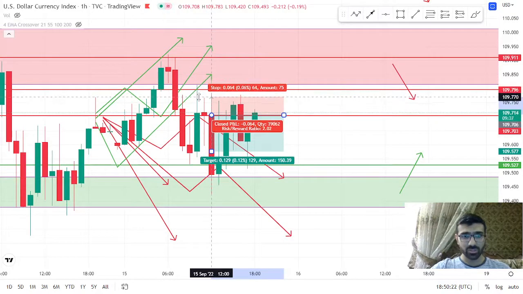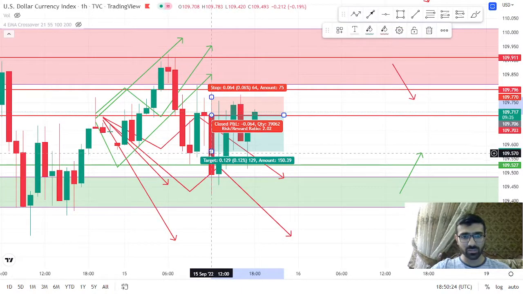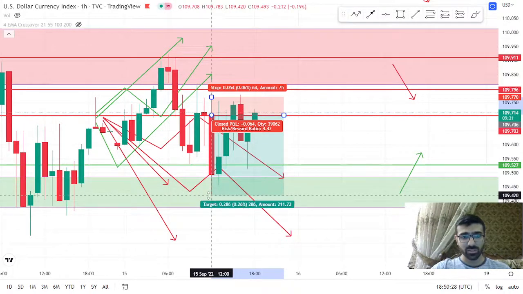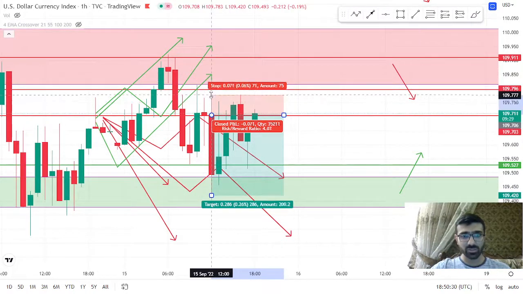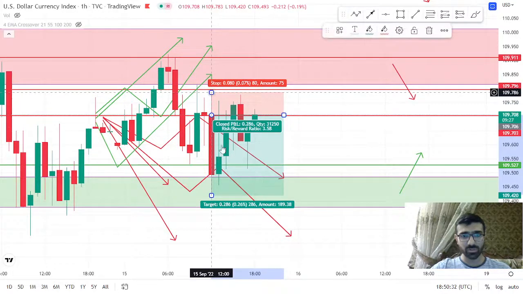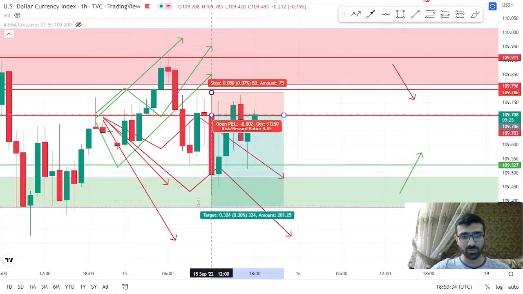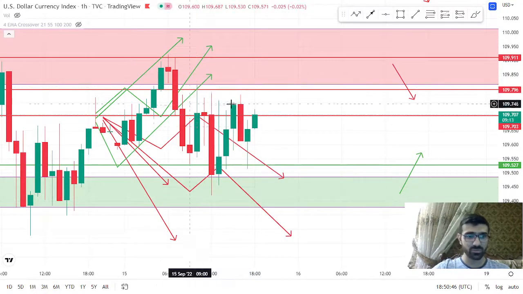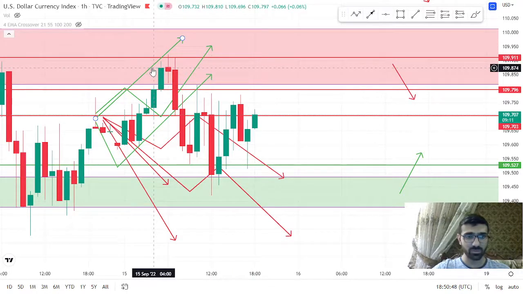So I think this would be a risky trade. Just for the sake of profit taking, the approximate profit that would have come our way was about 3.5%. Even if the 1% stop loss was hit in this trade, we had already made good profits from the previous two trades.